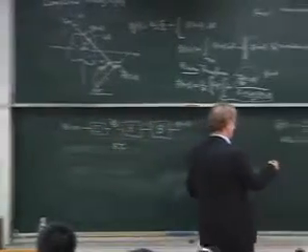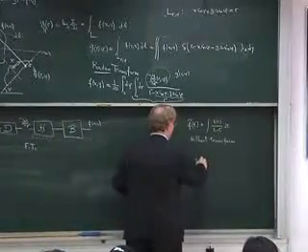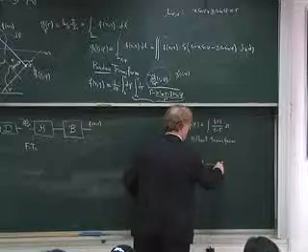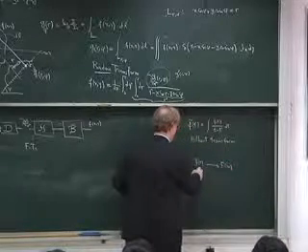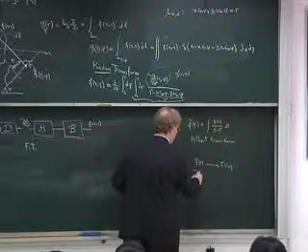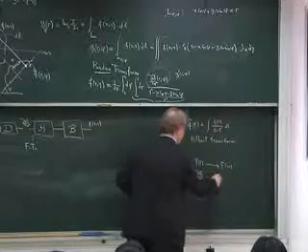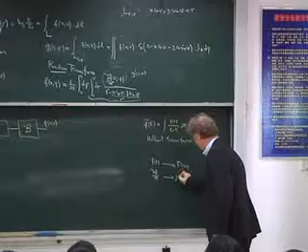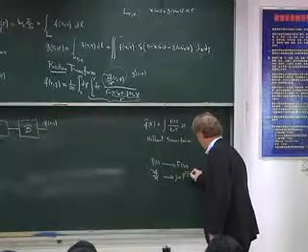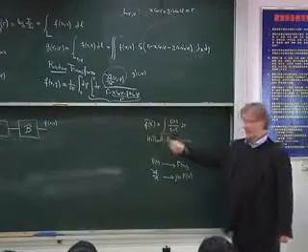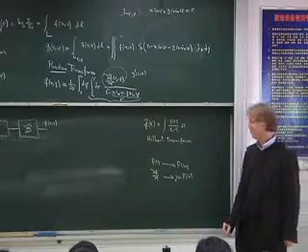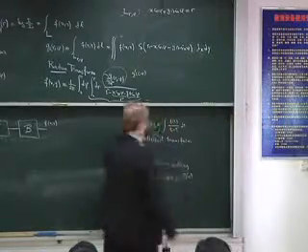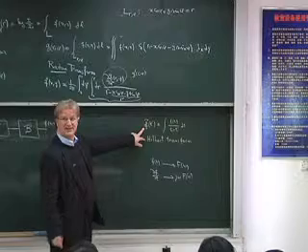Let me remind you here. If I have f of t and its Fourier transform f of omega, the derivative of f with respect to t has Fourier transform i omega f of omega. And for the Hilbert transform, you also have a relation in the Fourier domain.